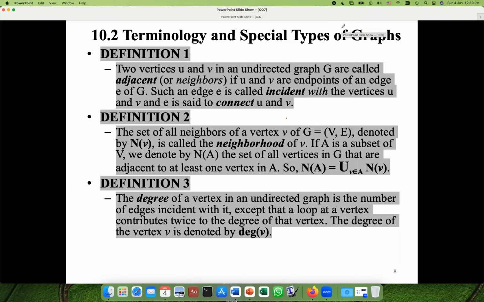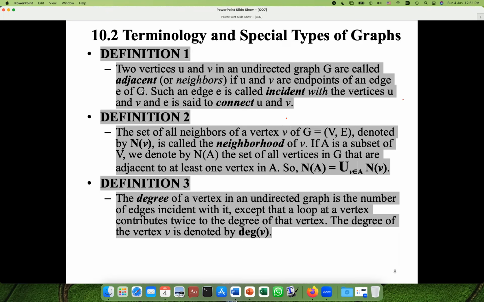So now this is section 10.2, again about different terms, and we will see again some special types of graphs. If there are terms or terminology, then we will see different definitions.